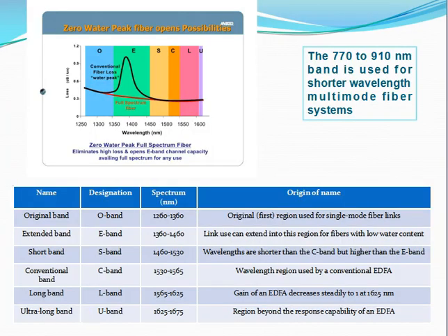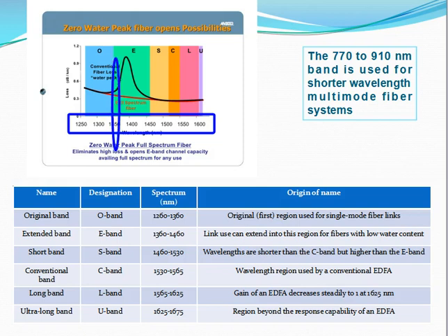So what is the frequency range that is normally used in fiber optic? The full spectrum fiber extends from 1250 nanometer to 1600 nanometer. However, the normally used wavelength is in between 1350 nanometer to 1450 nanometer.